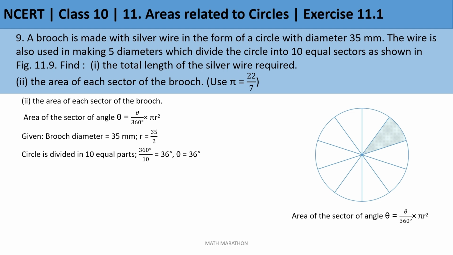The circle is divided into 10 equal parts. Theta is 360 by 10, which is 36 degree. Area of a sector is theta, which is 36 divided by 360, multiplied by pi, which is 22 by 7, multiplied by r square, which is 35 by 2 square.